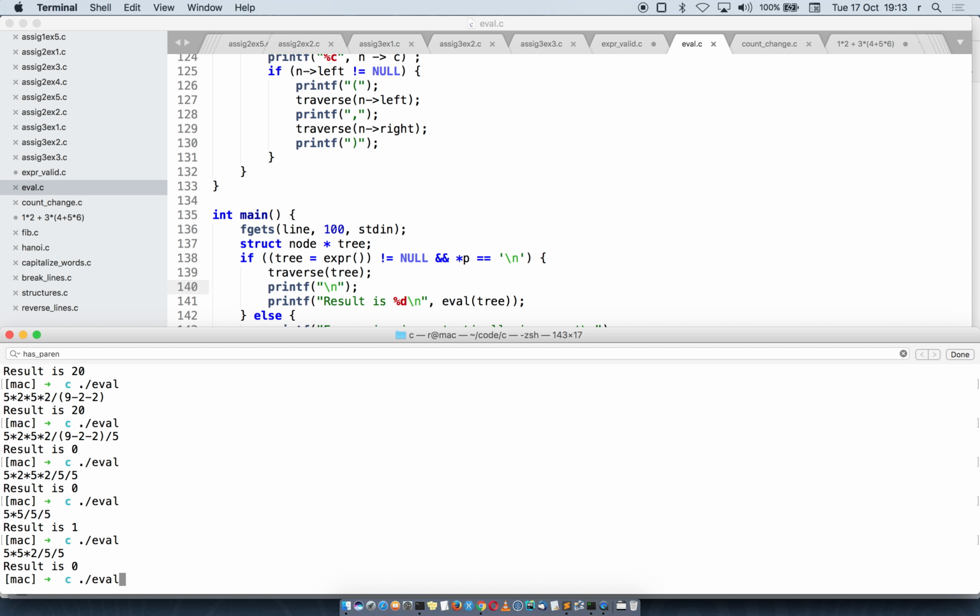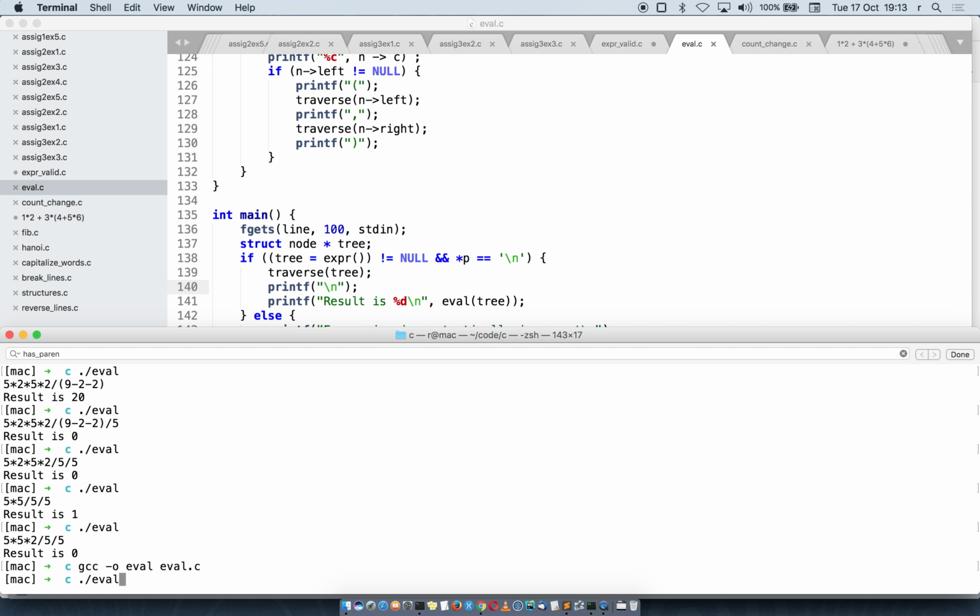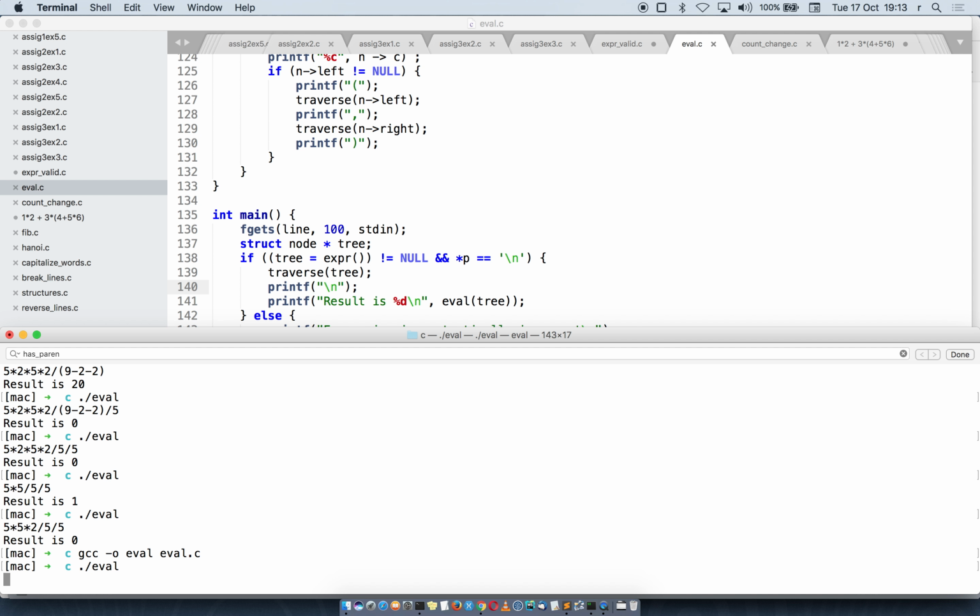You're going to see the output first. So let's do the same thing that was causing us trouble. 5 times 5 times 2 divided by 5 divided by 5. And look at this representation, right? This should show us the tree, and it kind of shows us that the tree is wrong, right?